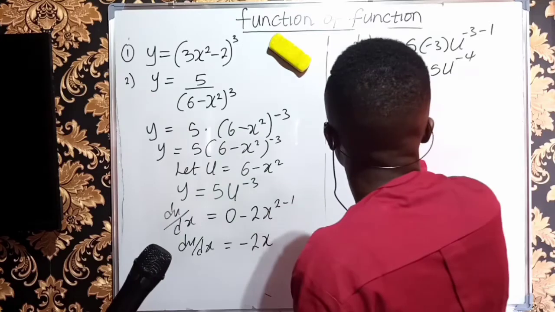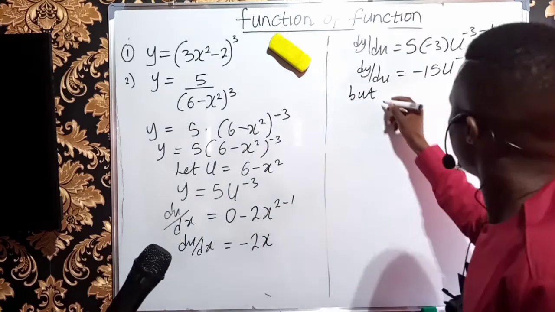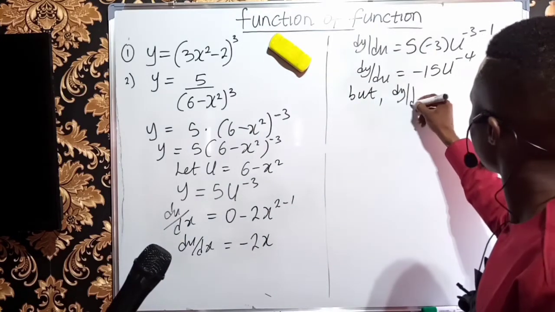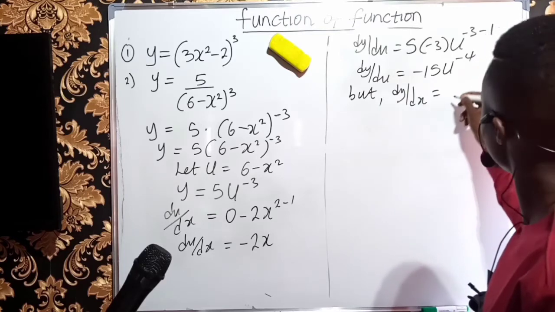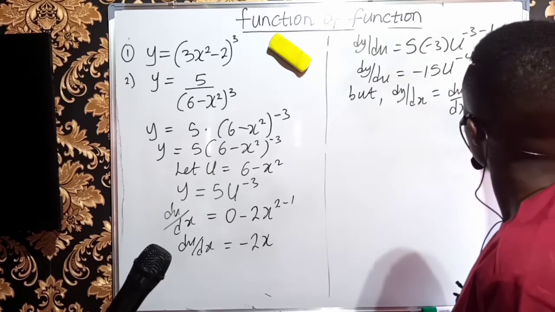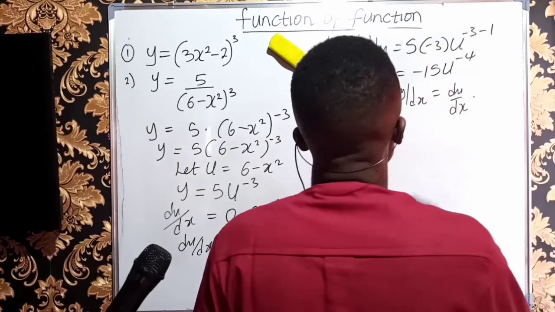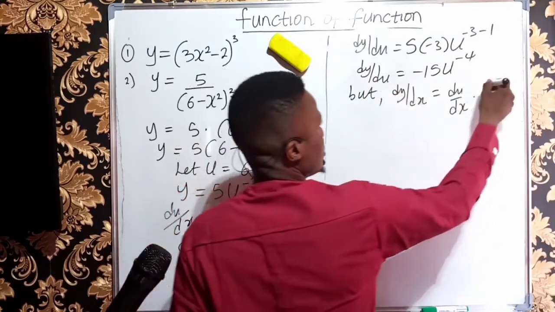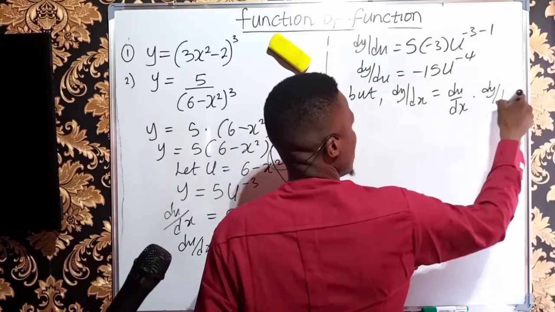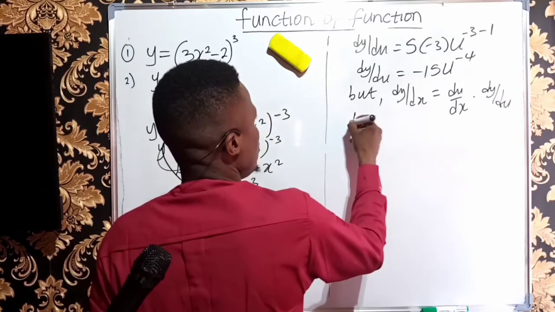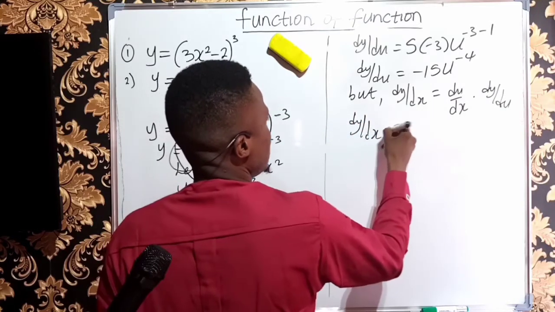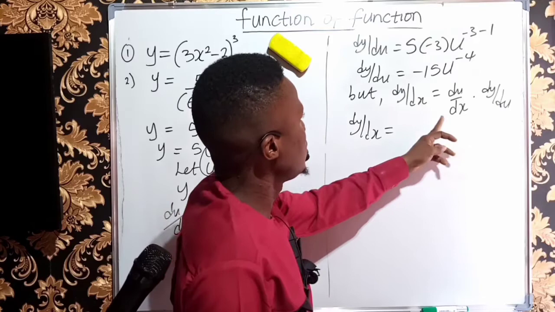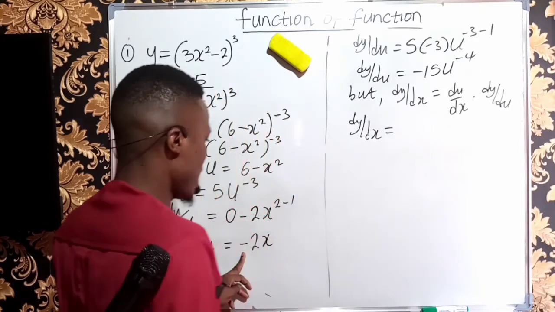But dy/dx is du/dx multiplying dy/du. That is the chain rule. So dy/dx will give us, du/dx gives us minus 2x here.